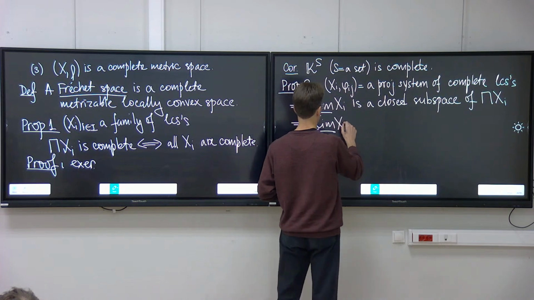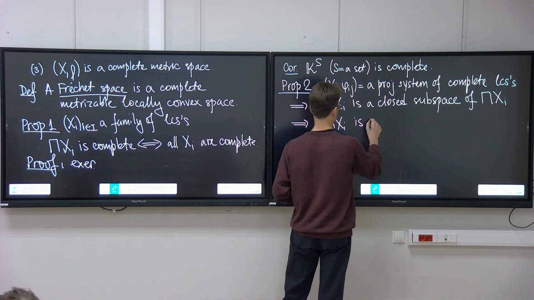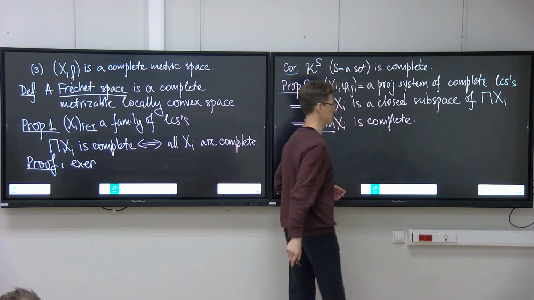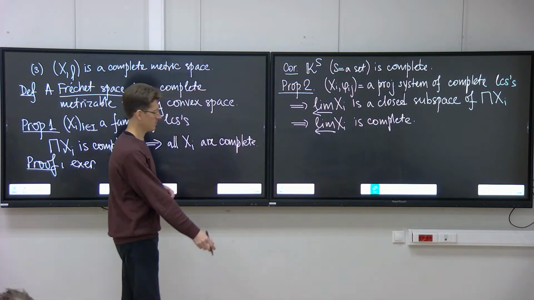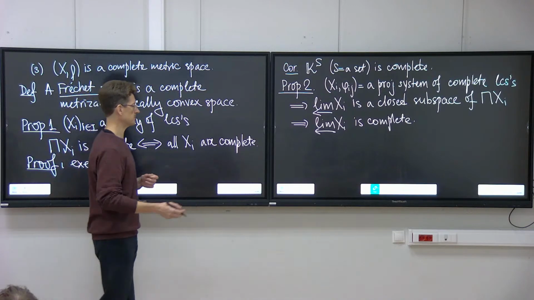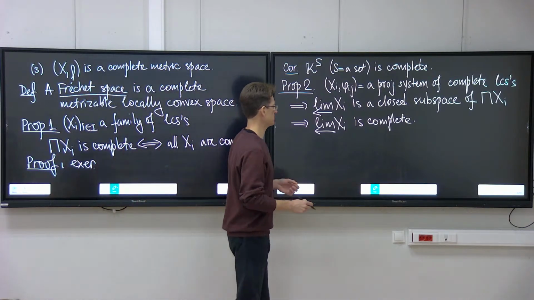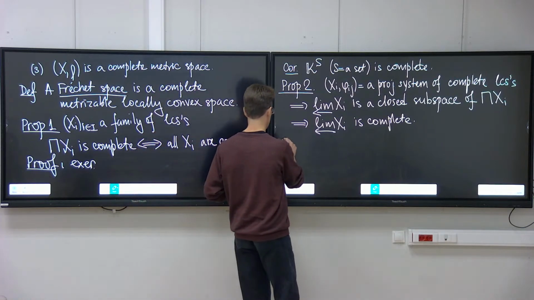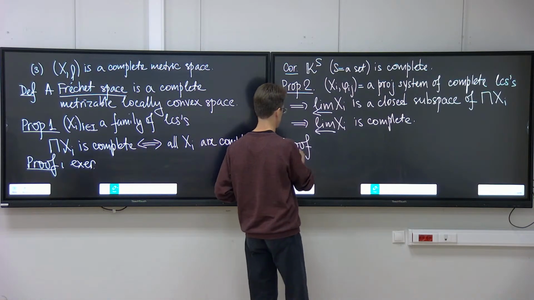Projective limit of complete spaces is complete. Which is, by the way, a very useful way of proving completeness. We'll see some examples very soon, which illustrate this proposition. Again, the proof is very easy, and this is an exercise for you.